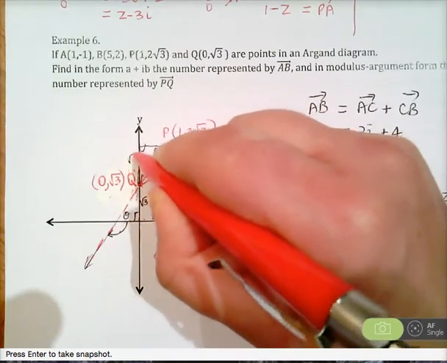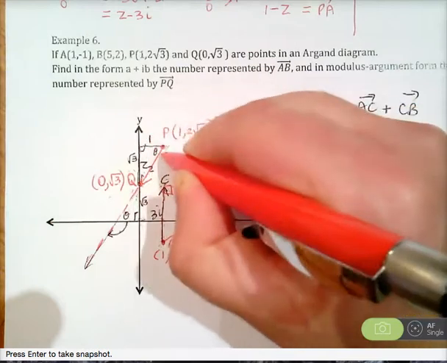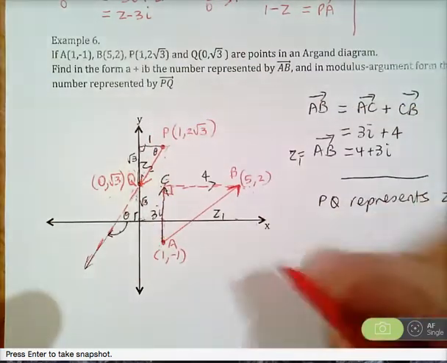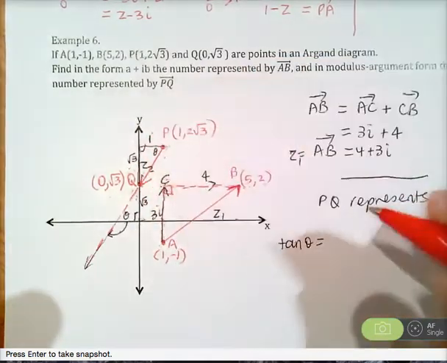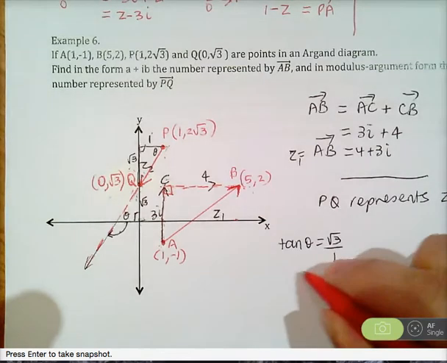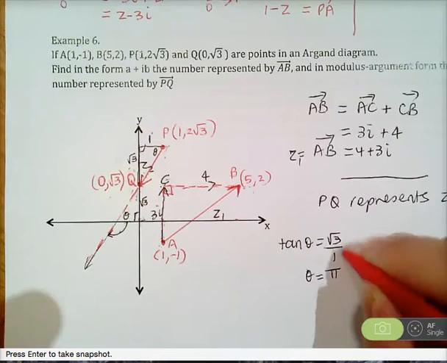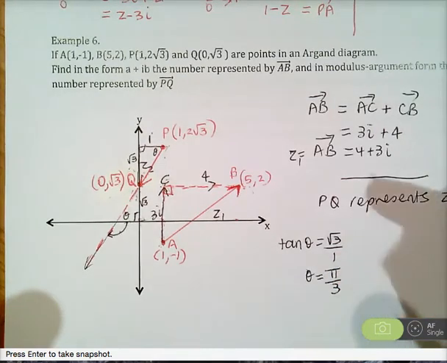So if I just work out what theta is, tan of theta we know is opposite over adjacent, so tan of theta is root 3, so theta is 60 degrees, which is pi on 3. Now that's what theta is. This is the angle I need here, okay?